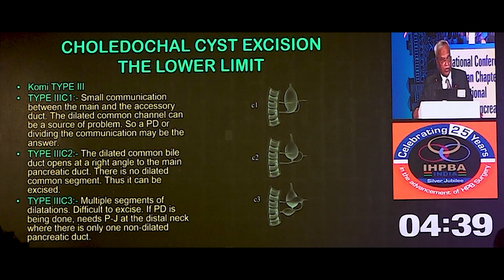You can remove the choledochal cyst without damaging the pancreatic duct. C3, you have multiple segments, and you can see in that diagram, it's best to go on the left side of the neck of the pancreas if you're doing a pancreaticoduodenectomy, because you want to anastomose to a single pancreatic duct, not multiple anastomoses.